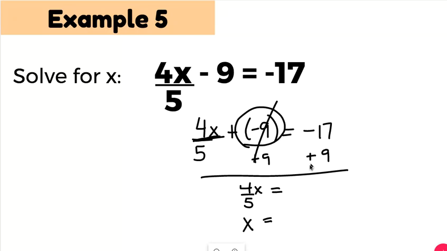My 9's cancel. -17, +9. Different signs, find the difference. The difference between 17 and 9, if you just do some old school subtraction, you get 8. Do I have more negatives or more positives? I have more negatives, so my answer's -8.